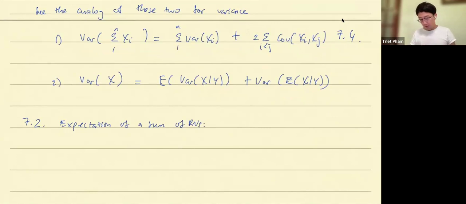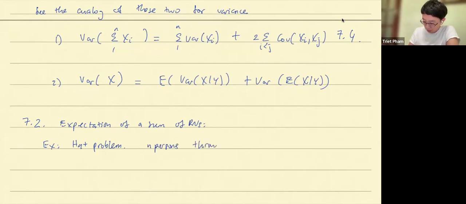And so here, I think it's best to look at an example. The example is something that we talked about at the beginning of the class and haven't returned to since. It is the hat problem. It says that there are n persons who throw their hats together, and then pick out at random.